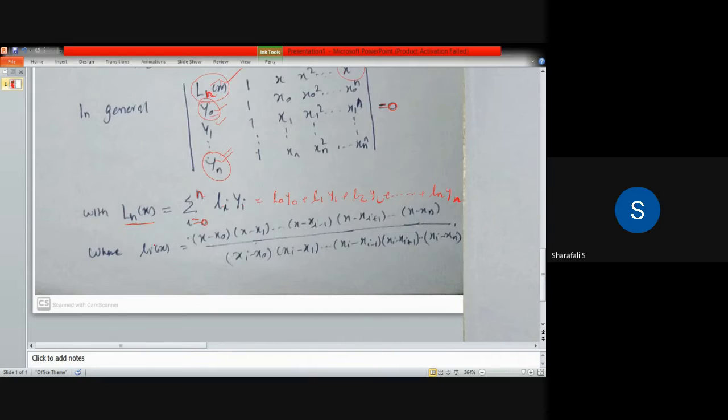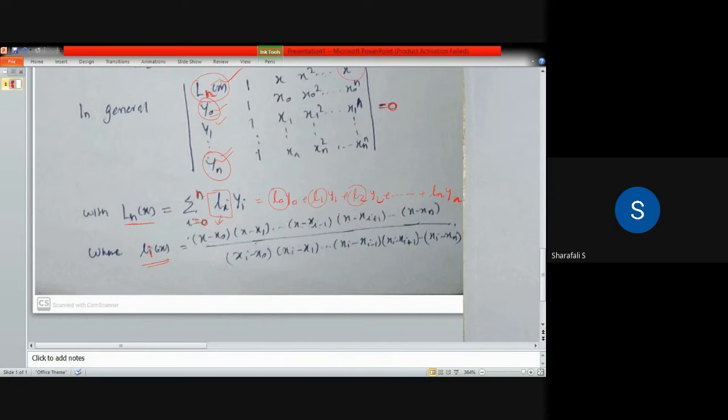And from that, what is li of x here? li of x will be whatever it is, L0, L1, L2. This term will be equal to x minus x0 into x minus x1 into etc., x minus x(i minus 1), x minus x(i plus 1).